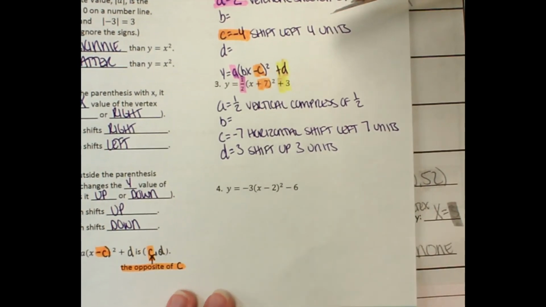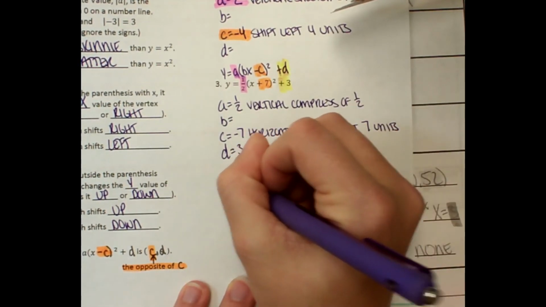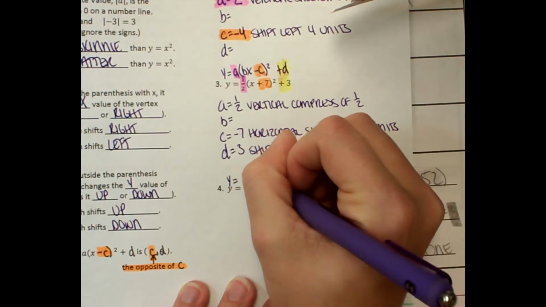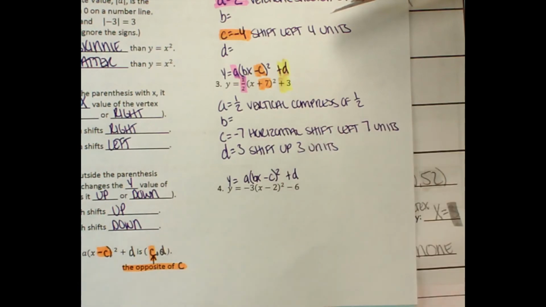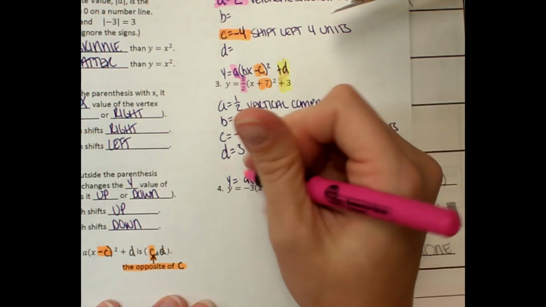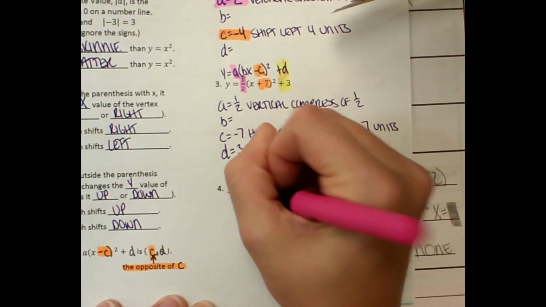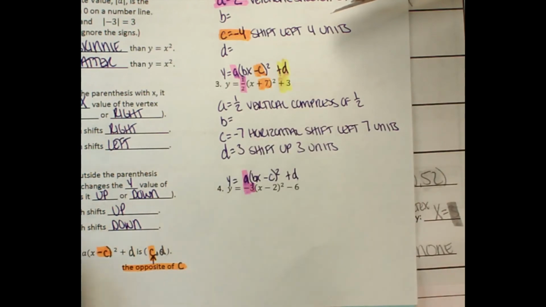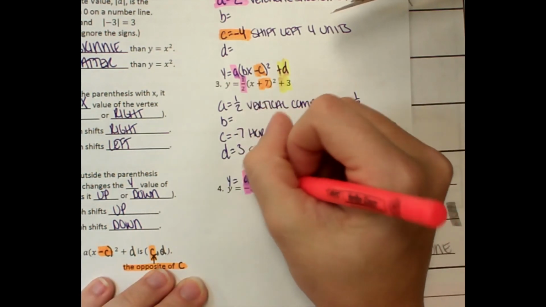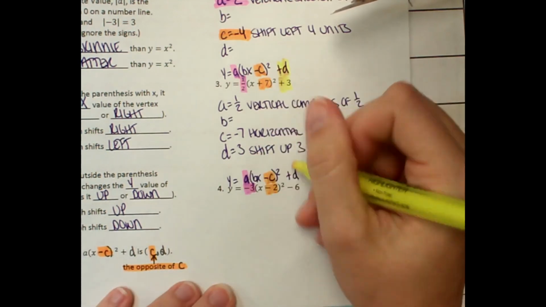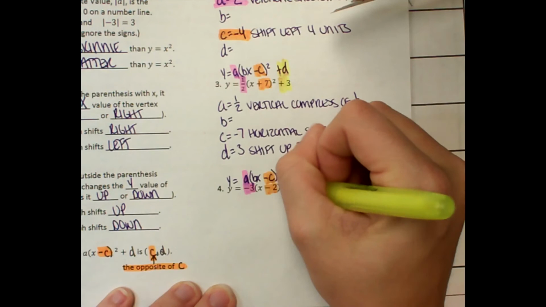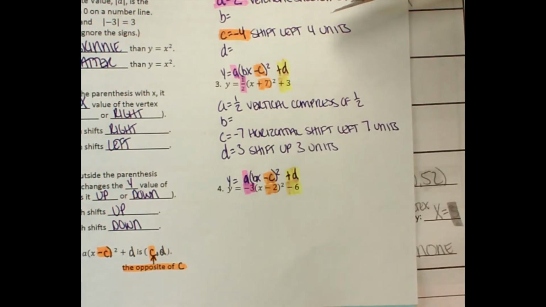Let's do one more. So y is equal to a bx minus c squared plus d. So my a is what's in front. There's no b. C is what's inside. Then we have D is the last one.